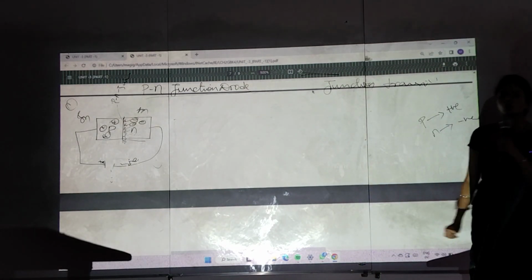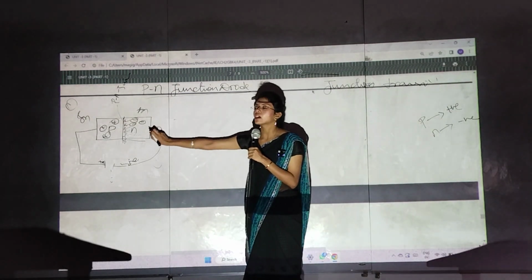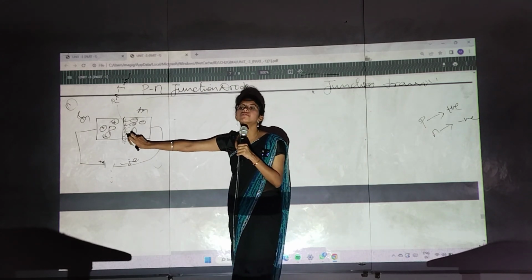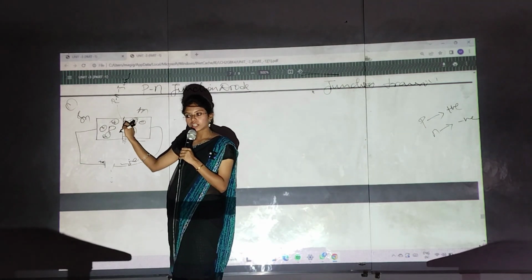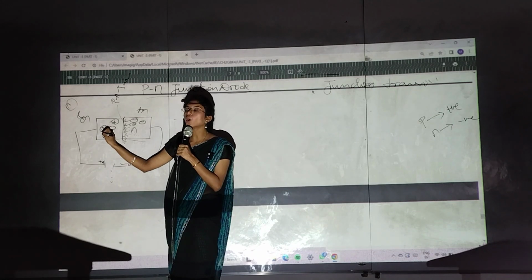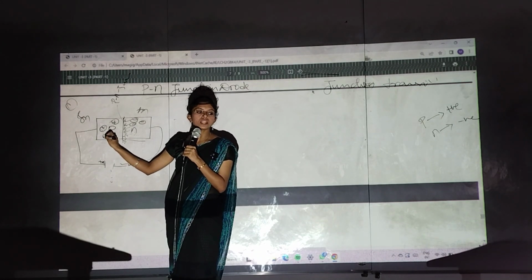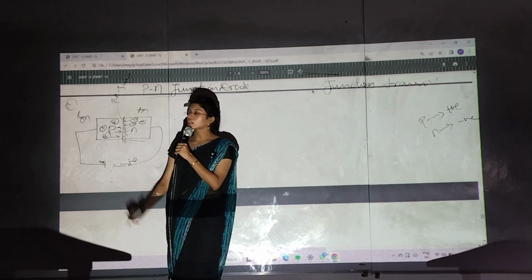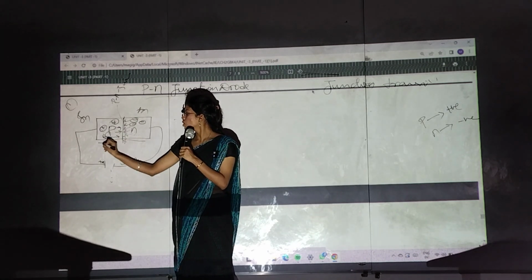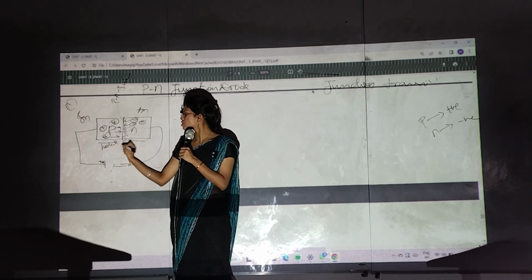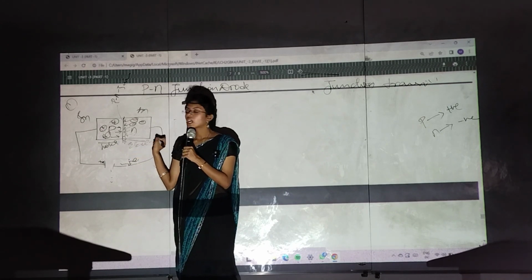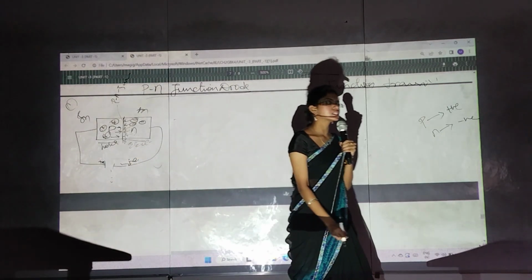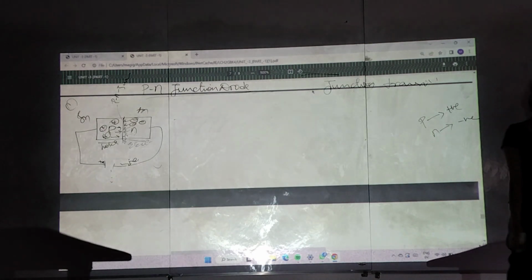So now the electrons from N-type will move towards the junction, and the holes from the P-type will move towards the junction. From here holes will be coming to the junction, and from here electrons will be coming towards the junction. Understood till here?